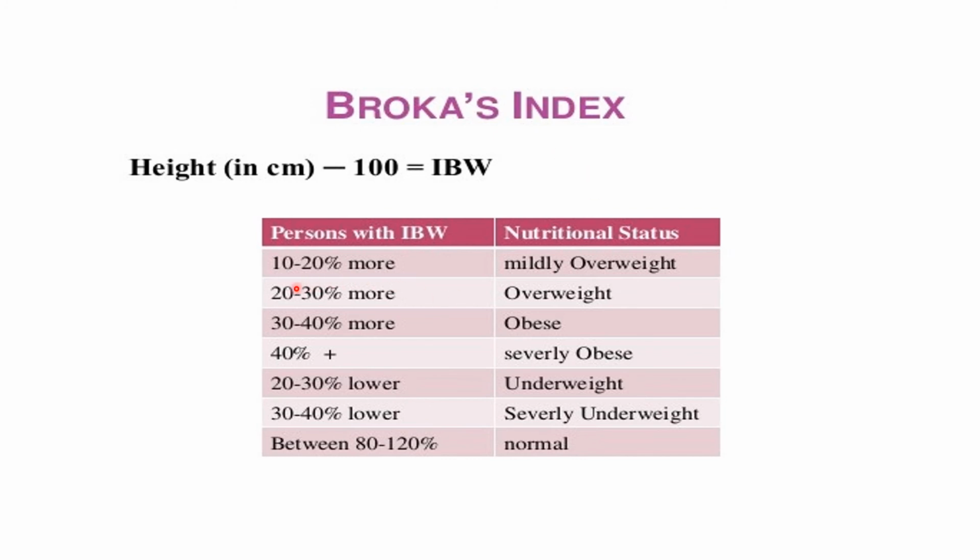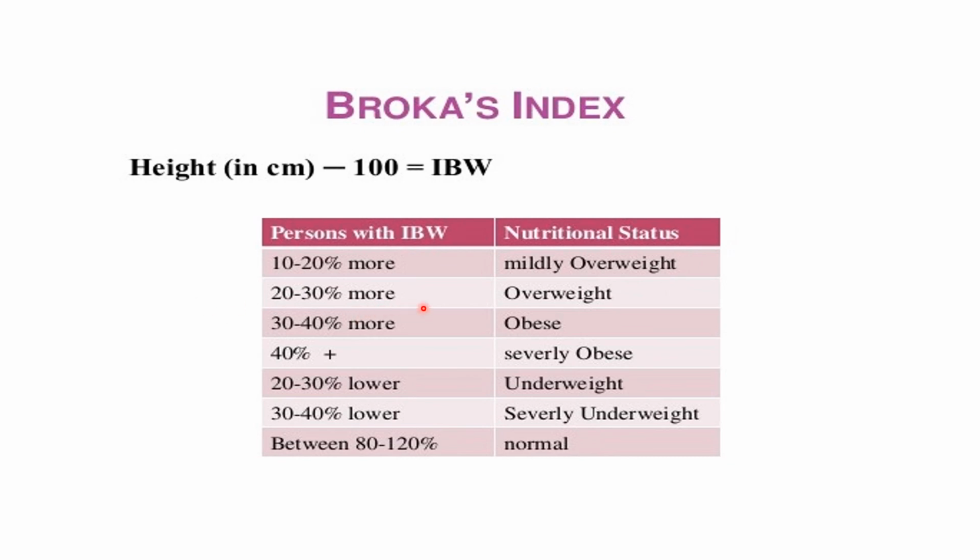If the weight is 10 to 20% more than the normal, or 10 to 20% more than that 50, here I am taking only an example, we can say he is mildly overweight.